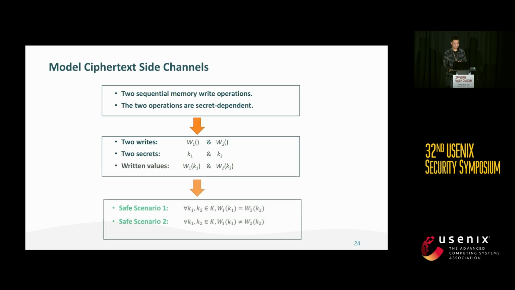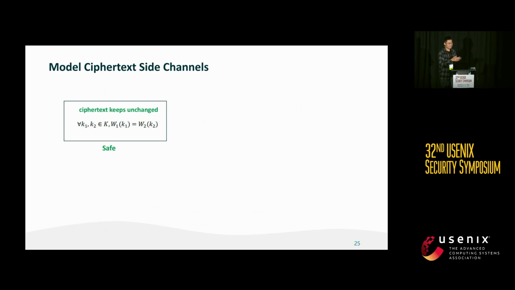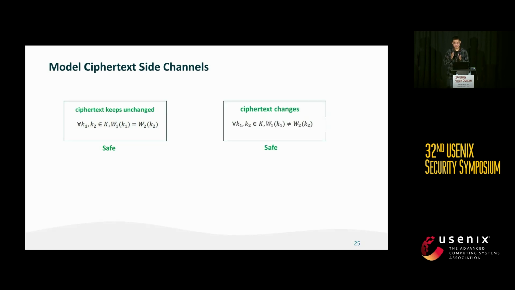Next, we can get safe scenarios. Scenario 1 means that no matter what values key 1 and key 2 take, the ciphertext keeps unchanged. At the same time, scenario 2 means that no matter what values key 1 and key 2 take, the ciphertext always changes.